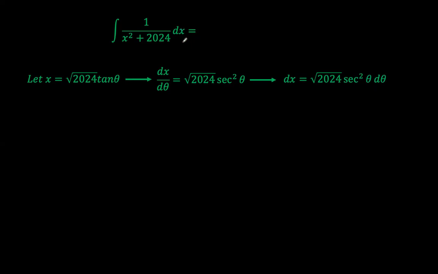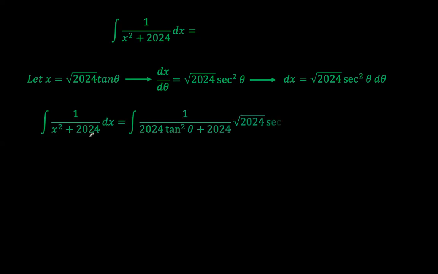Now this integral becomes the integral of 1 over x squared plus 2024, which is equal to 1 over, in place of x squared, we have 2024 tan squared theta plus 2024. And then in place of dx, we have the square root of 2024 sec squared theta d theta.